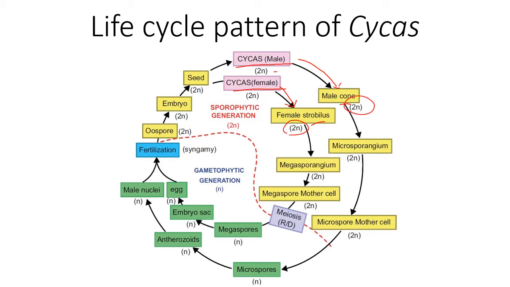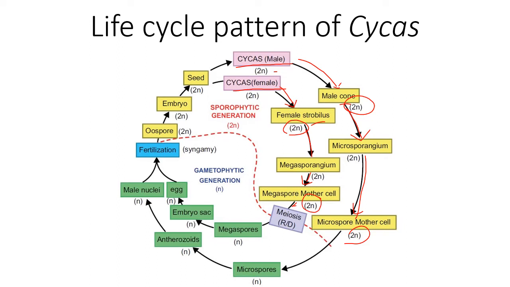that is represented as 2n. Then what happens, the female cone will have megasporangium and the male cone will have microsporangium. Then megasporangium will have megaspore mother cell and microsporangium will have microspore mother cell, and these cells are also diploid.